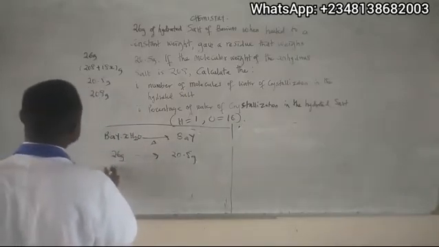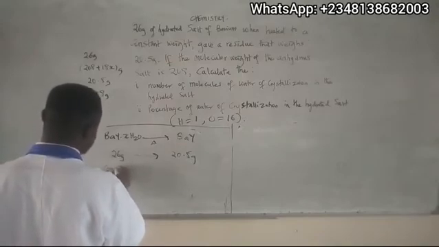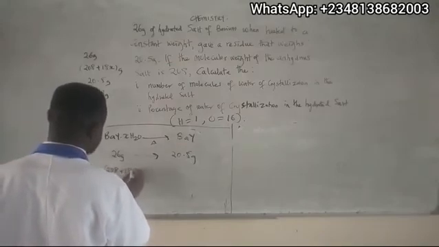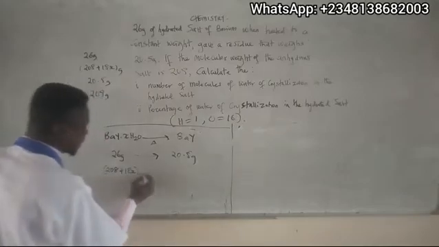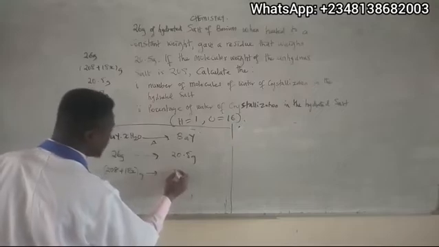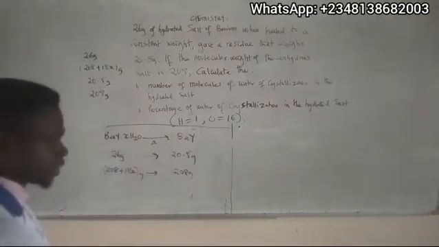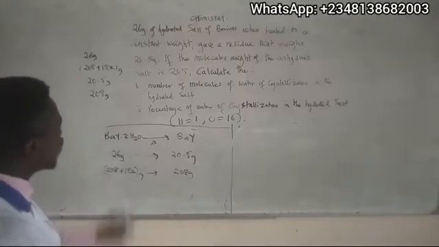Therefore, the molecular weight of this, 208 plus 18x, will also give us this same value, 208. So at this point we cross multiply.